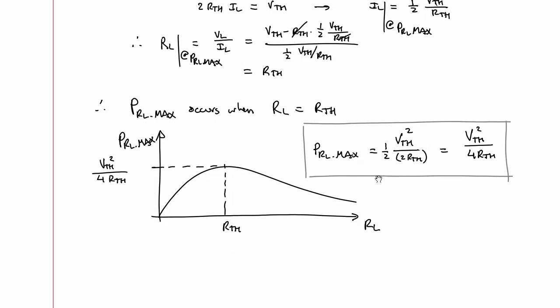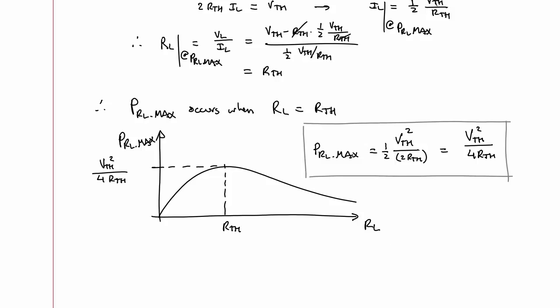And here is the expression: the maximum power to the load is V Thevenin squared over 4 R Thevenin. A rough plot of this would look like this, where the power to the load is 0 when RL is 0, and asymptotically the power will be 0 when RL goes to infinity.